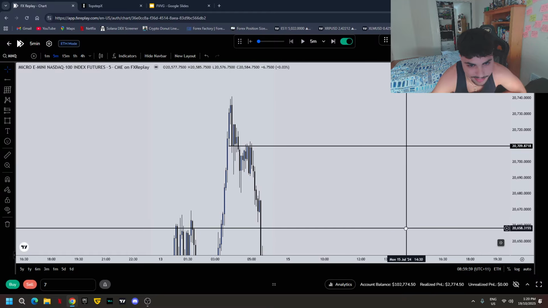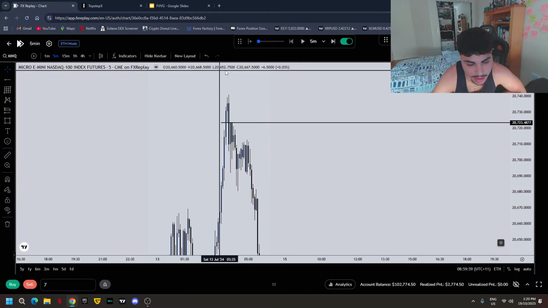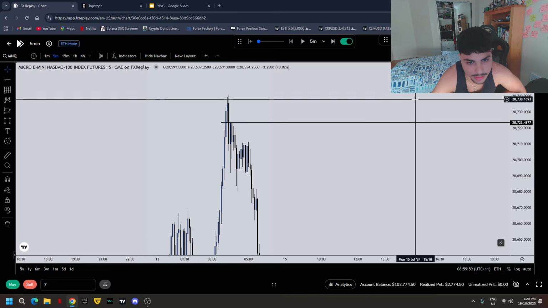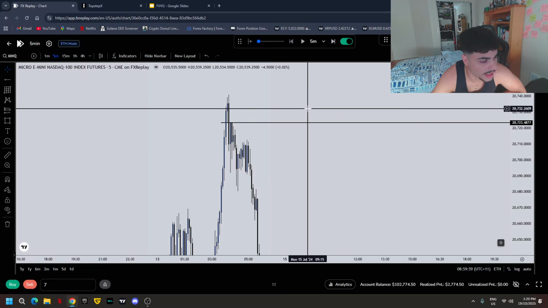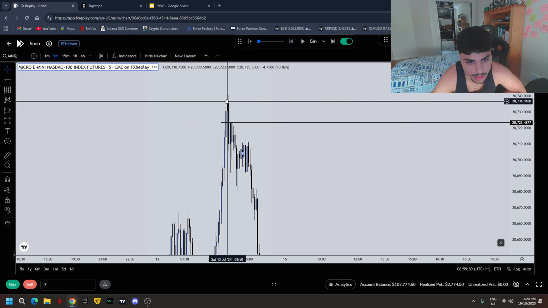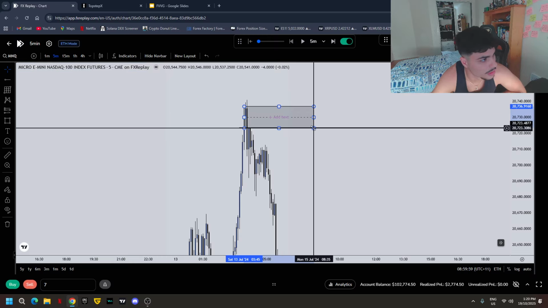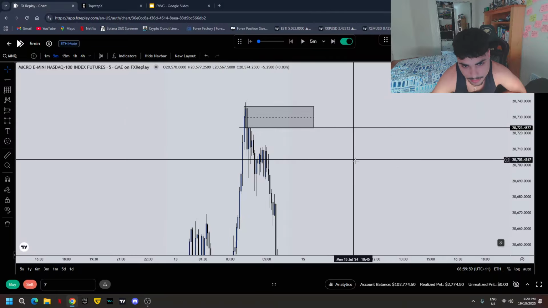I wouldn't price tap into that. Actually, yeah, price tapped into that. It's the candle before the liquidity sweep to make it a valid order block. So this part. Boom.